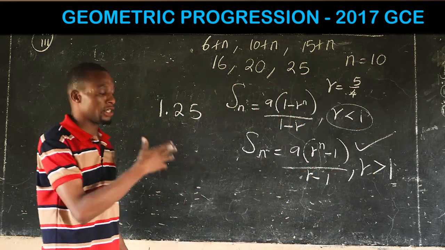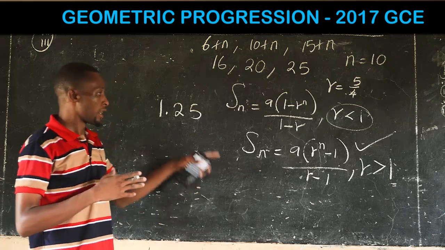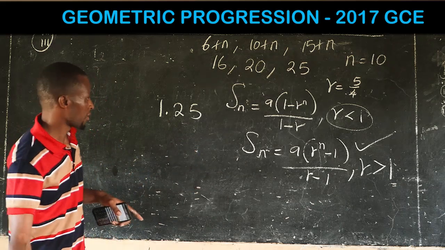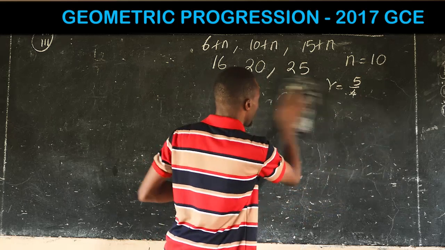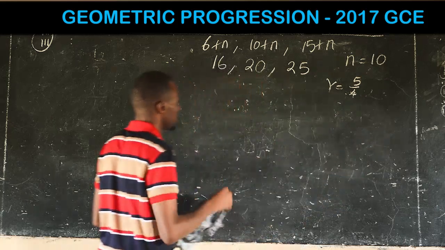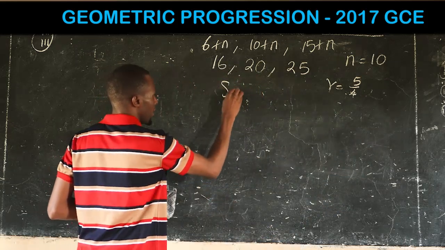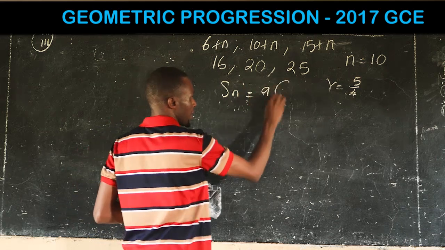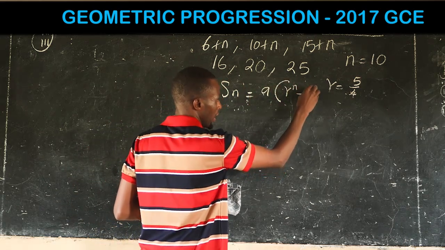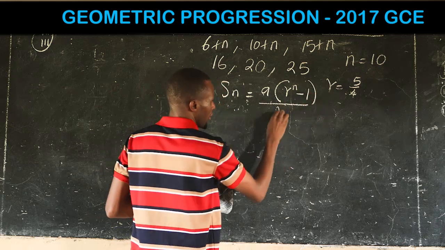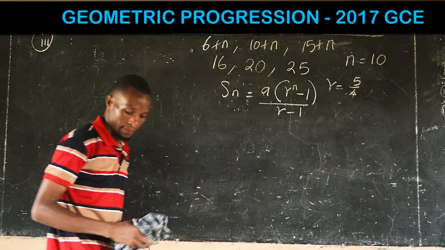Correct formula is the second formula. So that's the formula we're going to use to calculate the sum of the first 6 terms. Okay, I hope we are okay. So the second formula is sum equals a times r to the power n minus 1, over r minus 1.